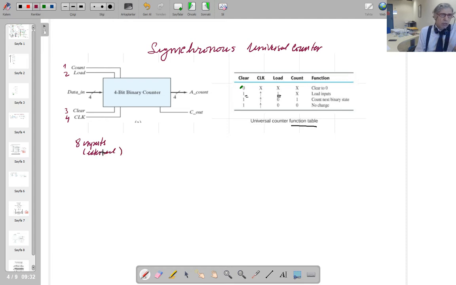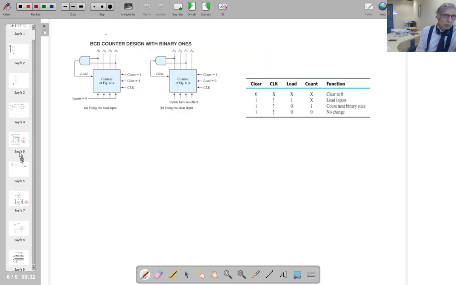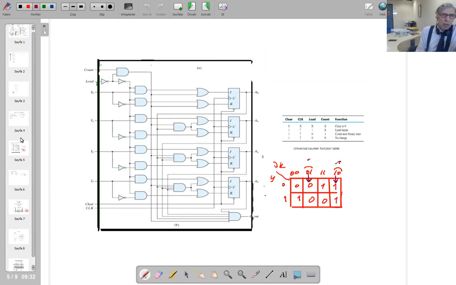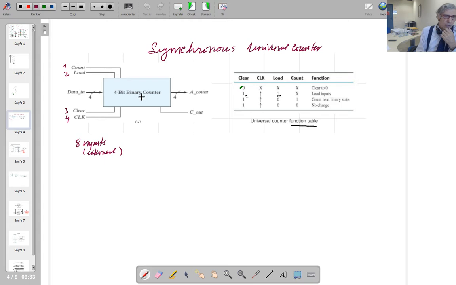What are the internal inputs? Inside there are 4 memory elements. I'll show you. Inside this universal synchronous counter, we've got 1, 2, 3, 4 memory elements. If there are 4 memory elements in it, that means you've got 4 state variables.